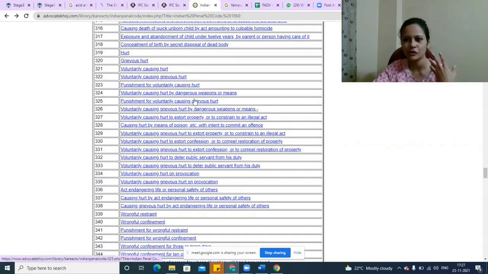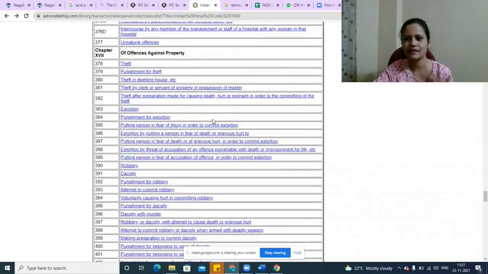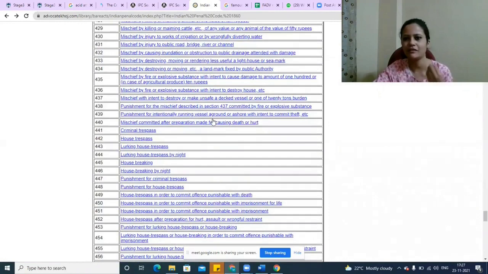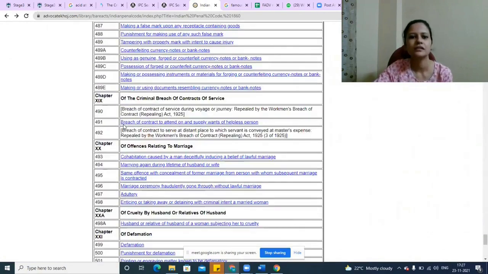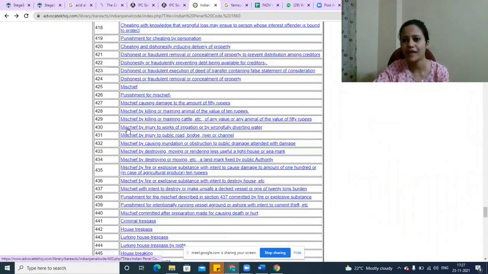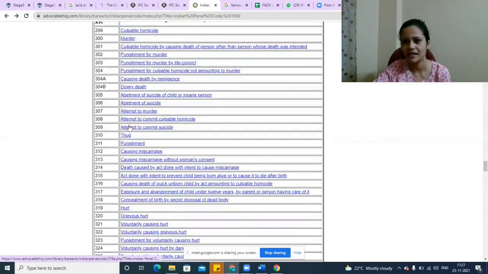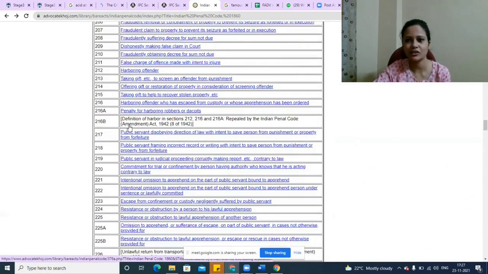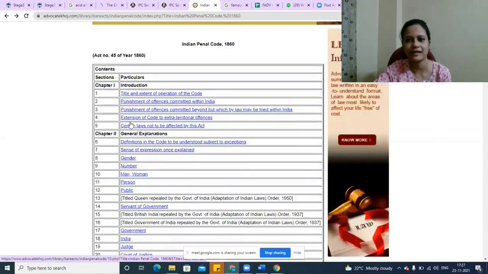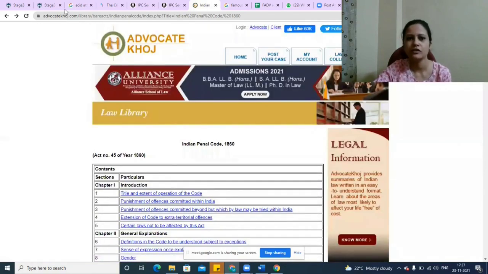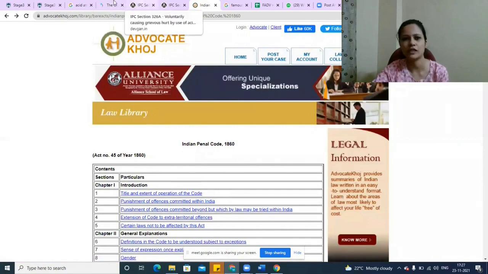IPC is such a lengthy legislation, having 511 sections altogether, defining different types of crimes that may be committed in India. And acid attack is such a serious crime, which is committed very often. So we should have a provision relating to that.